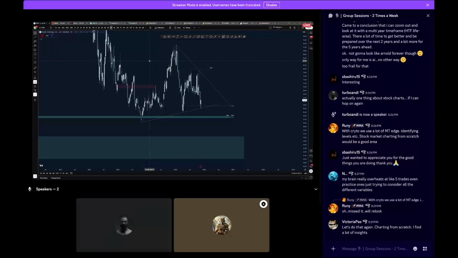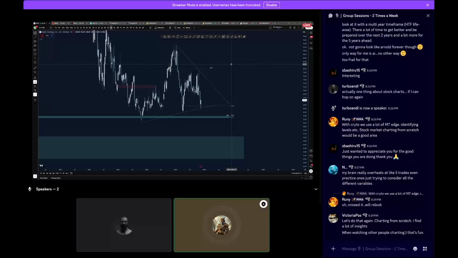I also like that idea. Nova says the brain really heats up at around five trades, even practice ones, trying to consider all the different variables. And if you think about it, as humans we always had some kind of variables in life, like should we pick these berries, should we hunt this animal. But nowadays the overload of information is so insane.